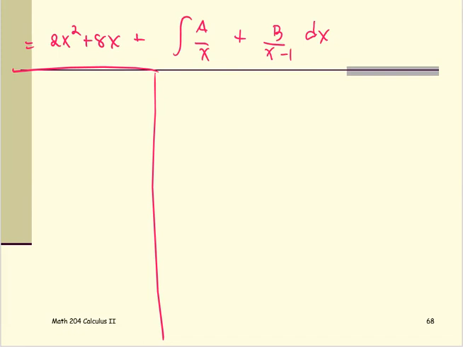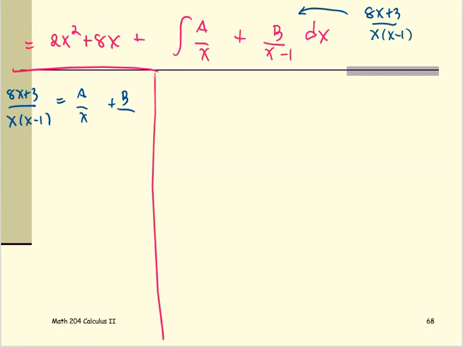So from the original fraction, this is from what we did before, which is 8x plus 3 divided by x times x minus 1, right? So on the prep work on the side here, I'm going to equate 8x plus 3 over x times x minus 1 and the two partial fractions, which is a over x plus b over x minus 1.